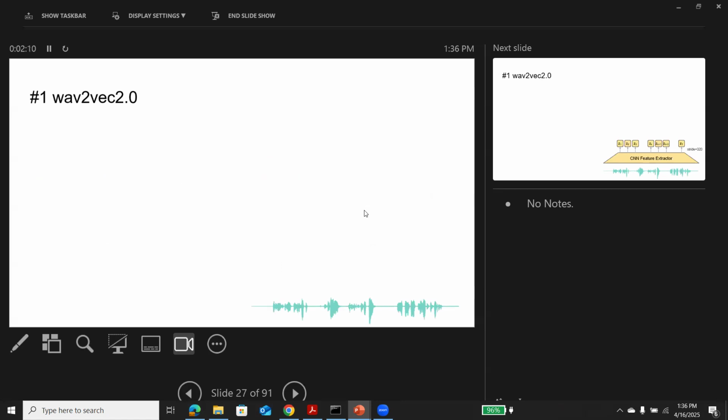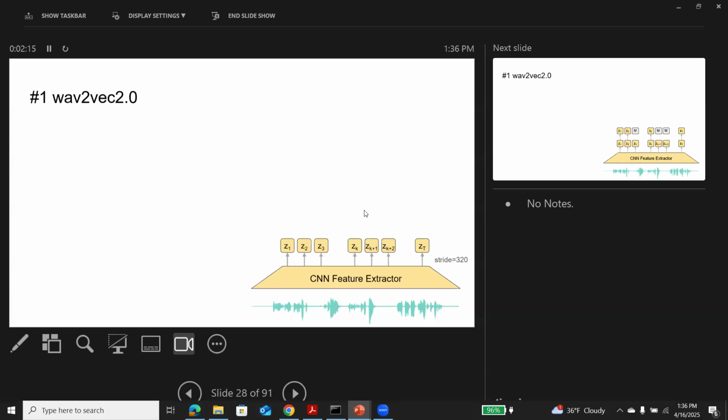So the first approach was wav2vec, and they applied convolution layers to raw audio just to reduce the number of data. This is called the feature extractor. There is a convolution layer with a stride, if I remember correctly, of 320.